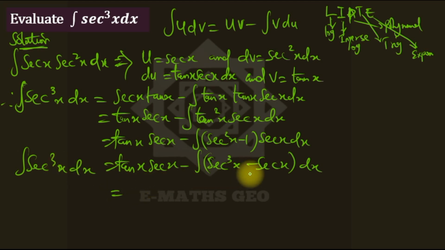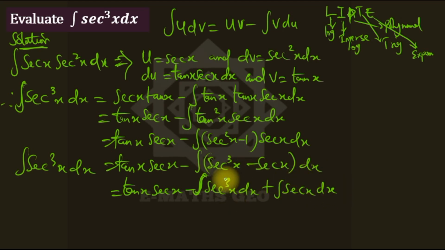So what do we do? We need to use logic. We can split this integral, integrating both: minus the integral of sec cube x dx plus the integral of sec x dx.